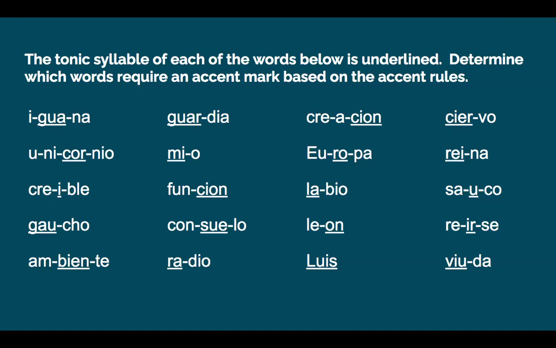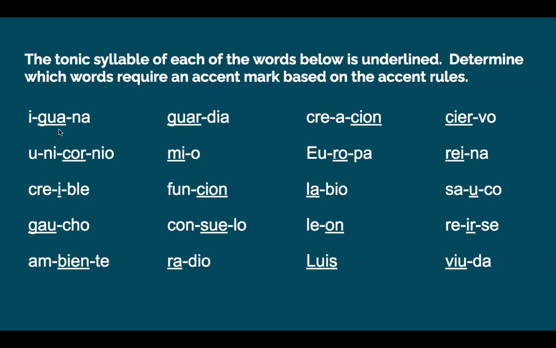If we did that, that would separate the U from the A and create yet another syllable in the word. Okay, so we're not going to put any accent mark on this word due to separating a weak vowel from another vowel.